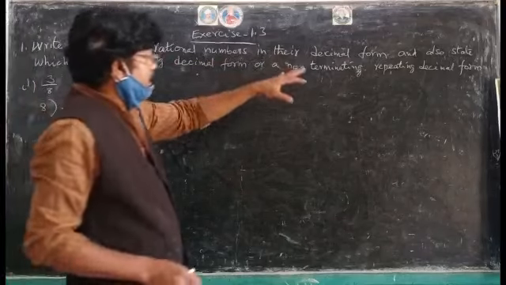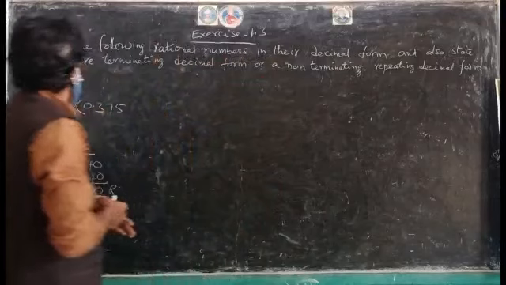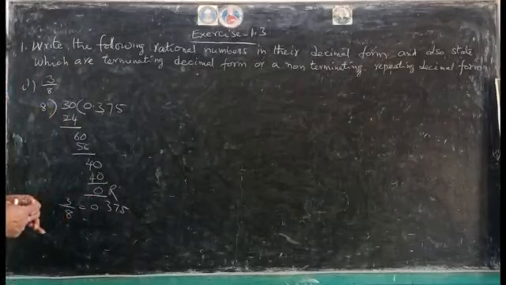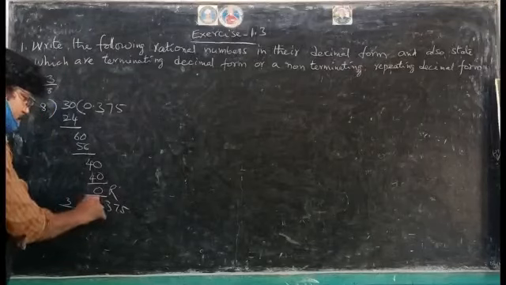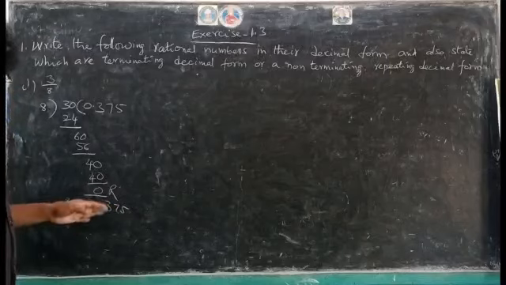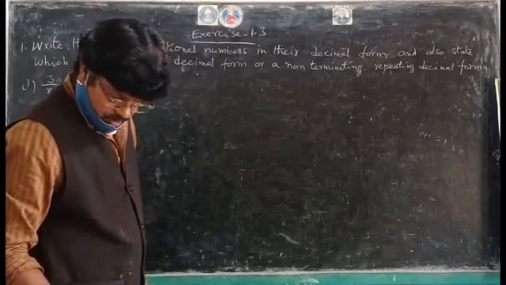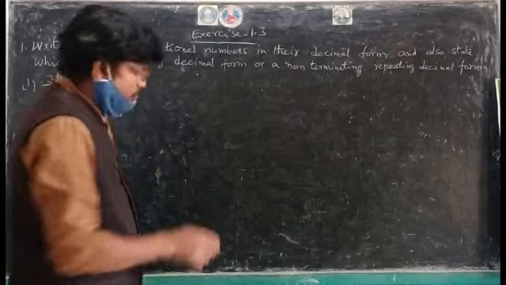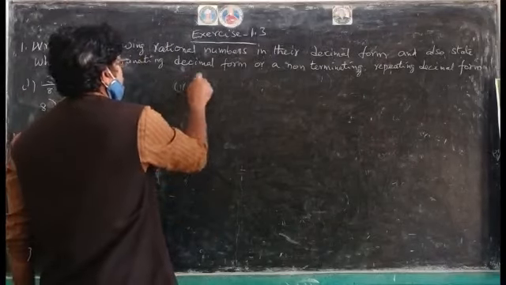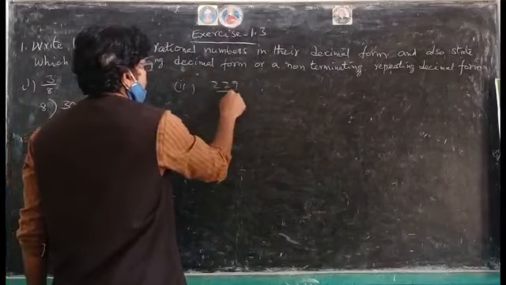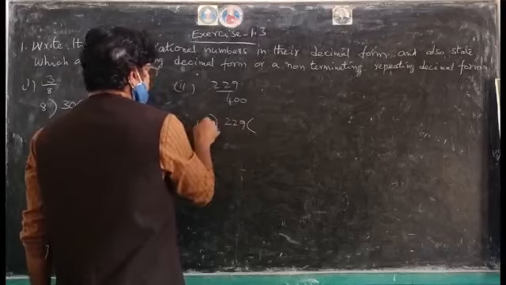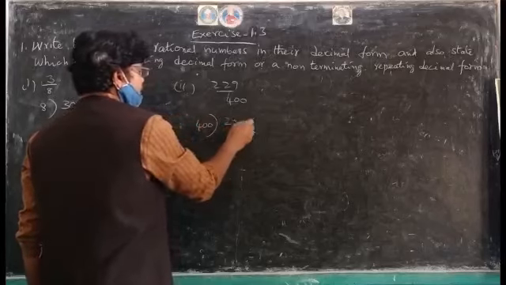This is terminating. Second, 229 by 400. 229 divided by 400.